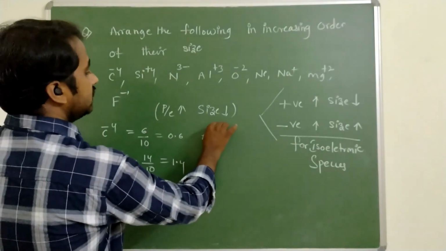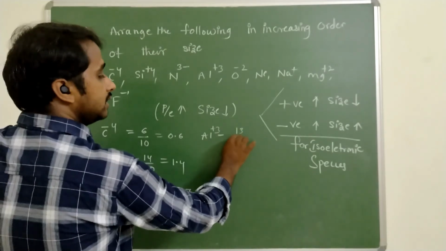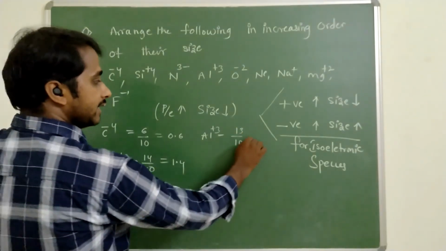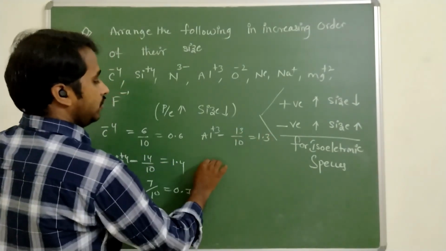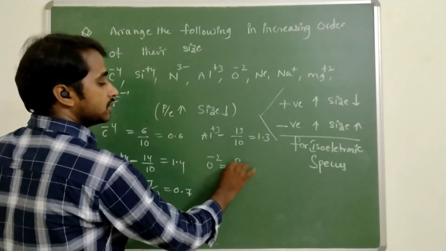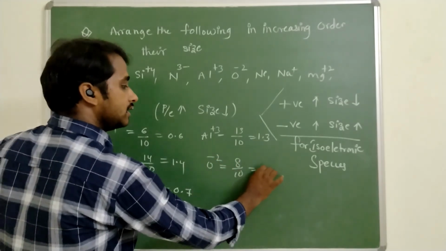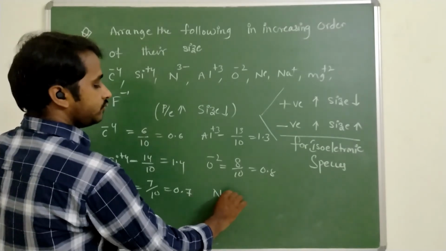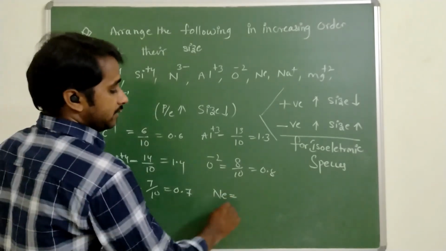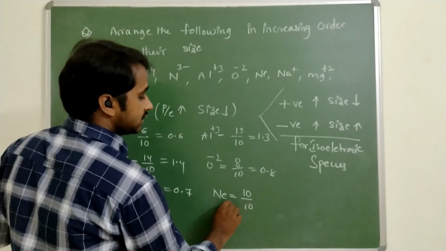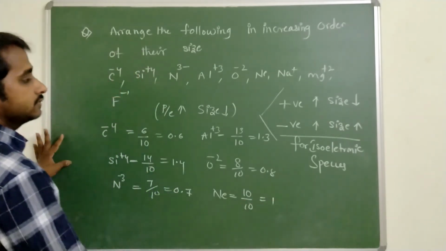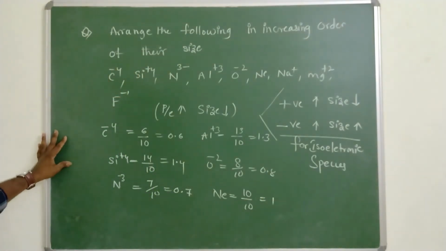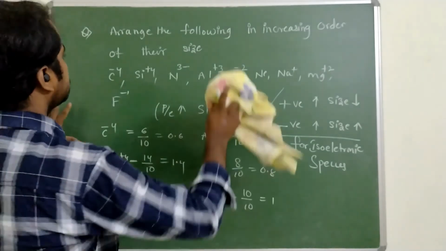Al3+, protons are 13 and electrons are 10, 1.3. O2-, protons are 8, electrons are 10, 0.8. Neon, protons are 10, electrons are 10, so 1.